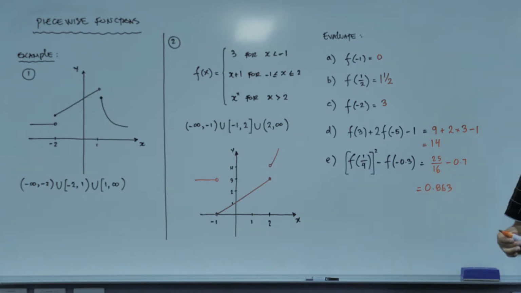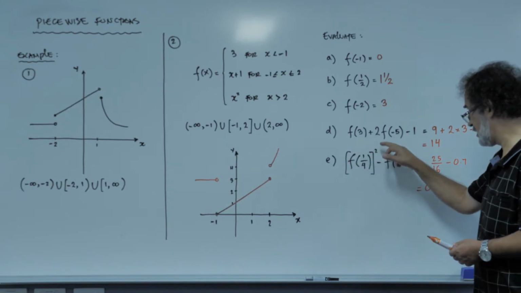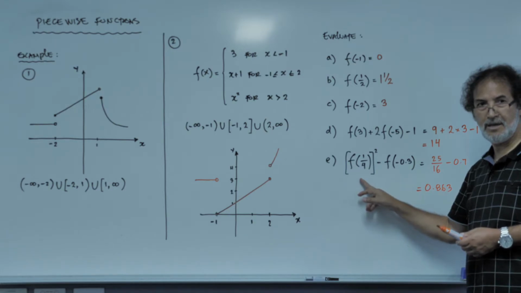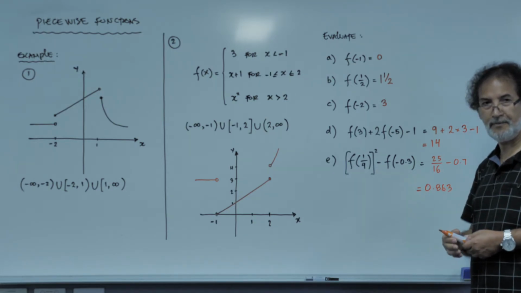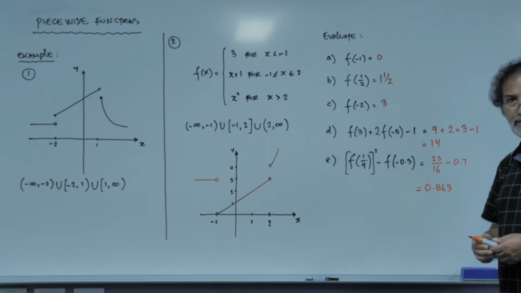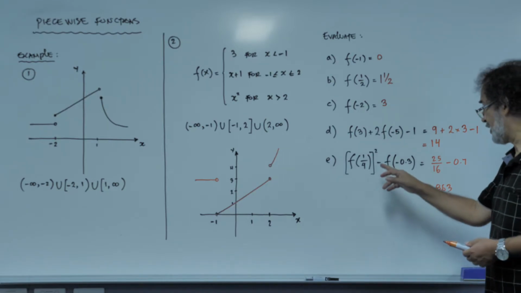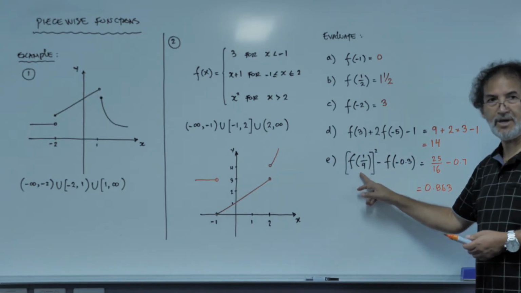I don't understand, with the square brackets, if we didn't have them, then wouldn't we get the same thing? Because it's just a quarter squared, like the quarter plus 1. We're not really squaring the f. We're squaring the answer coming from here.